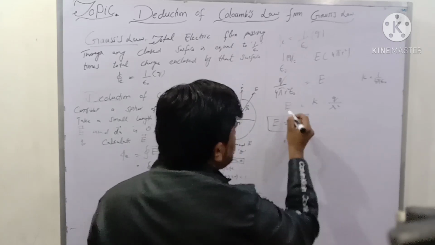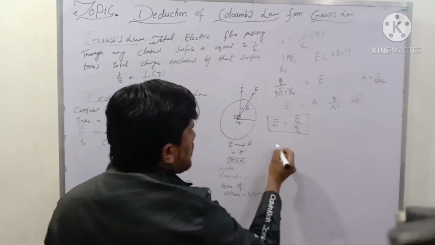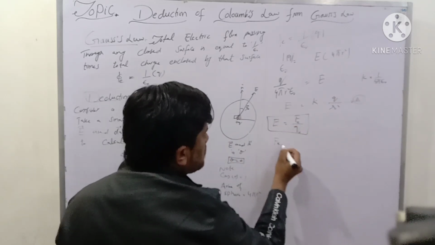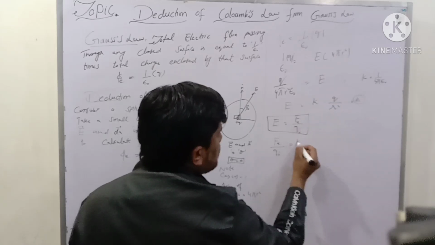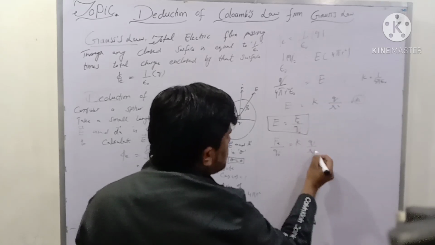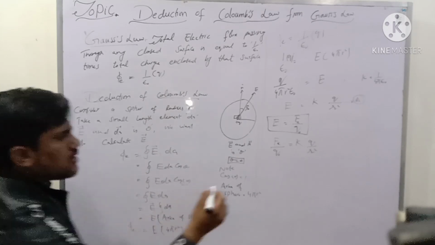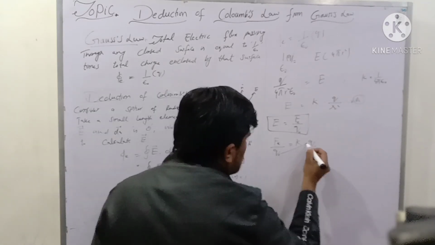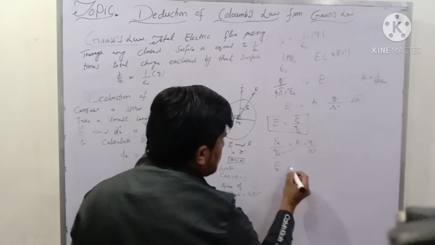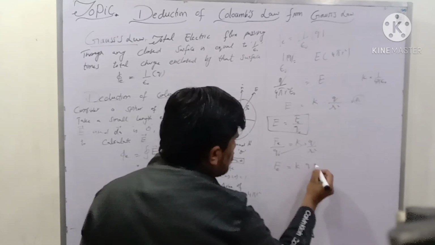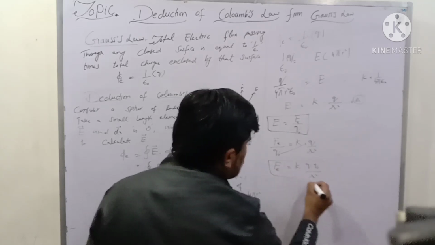You can put the value of E in equation number 2. F over q naught is equal to K Q over r square. Here q naught is divided, so it can be multiplied. F is equal to K Q q naught over r square.